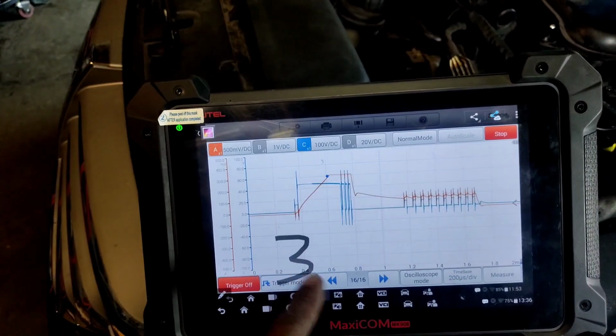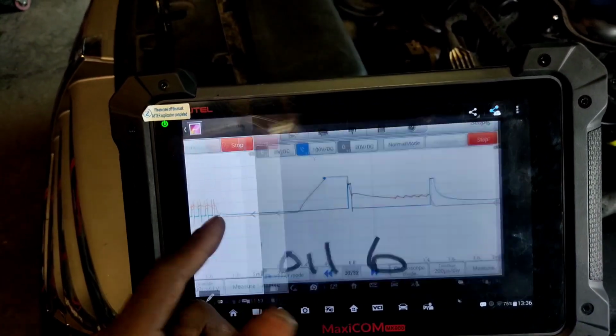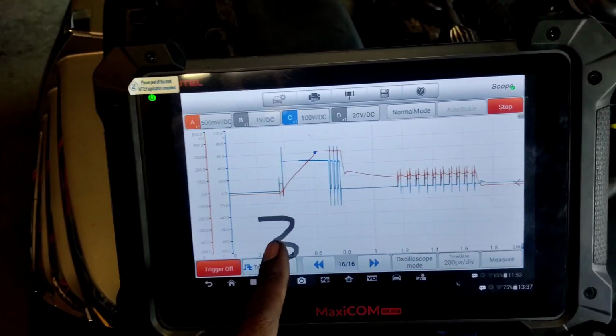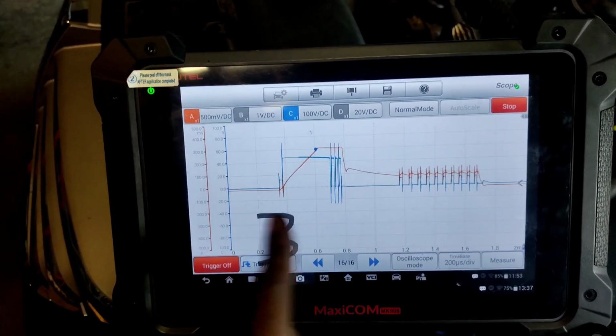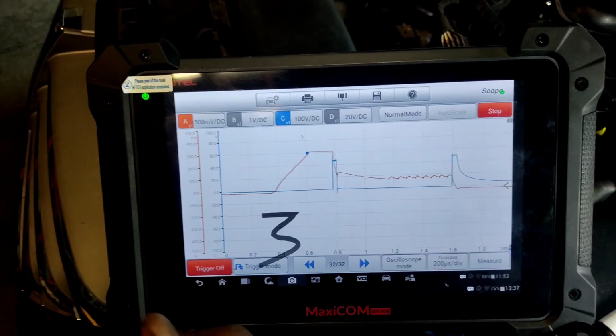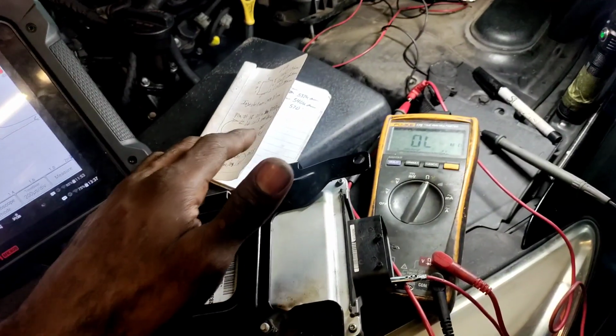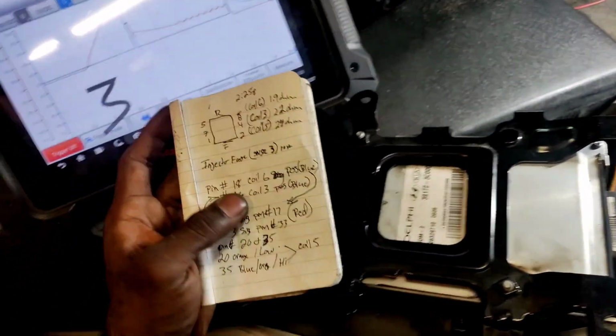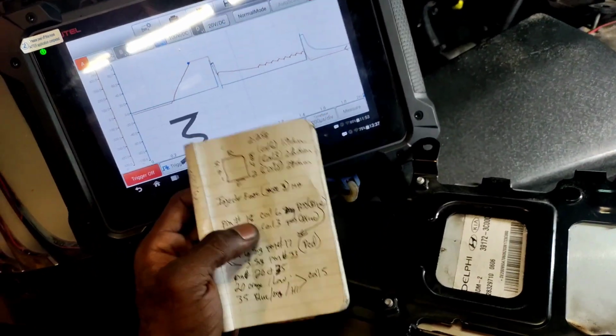Cylinder 3 was our culprit here, and I was just comparing it. I was on a 200 microsecond scale here, and I compared cylinder 3. When you look at the wiring diagram on this one, it's going to say low and high.